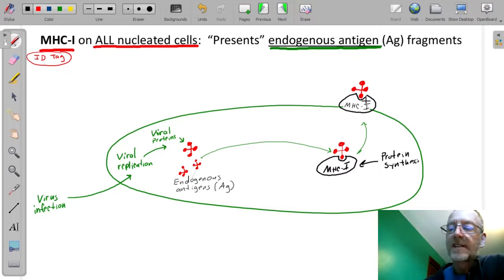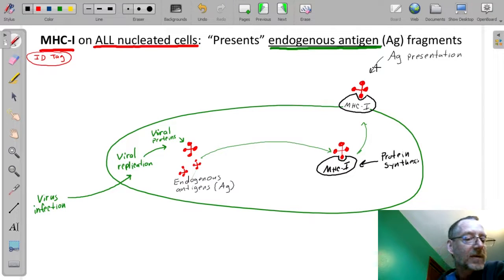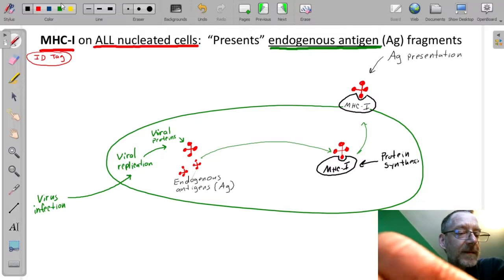So this is antigen presentation, antigen presentation of an endogenous antigen. And then what happens are other cells of the immune system, T helper and cytotoxic T cells come by.